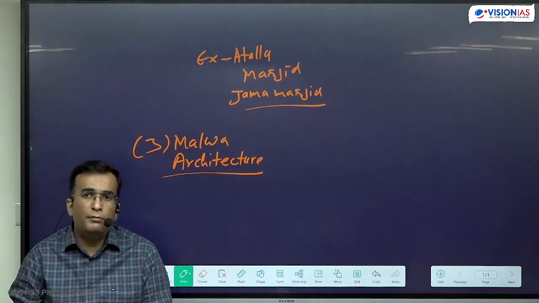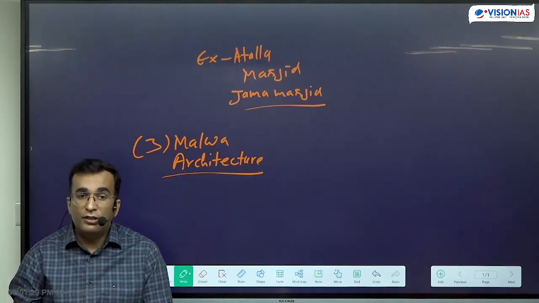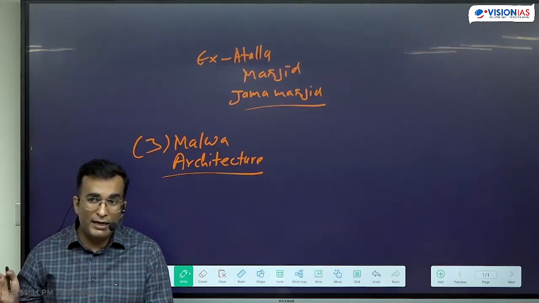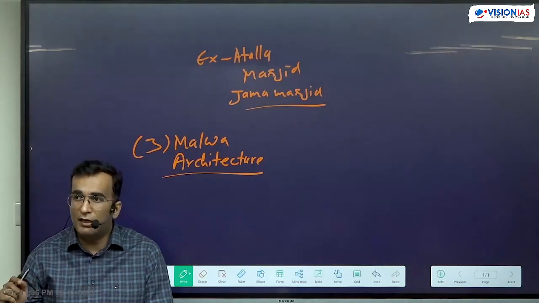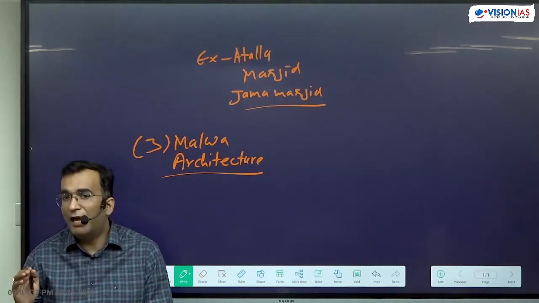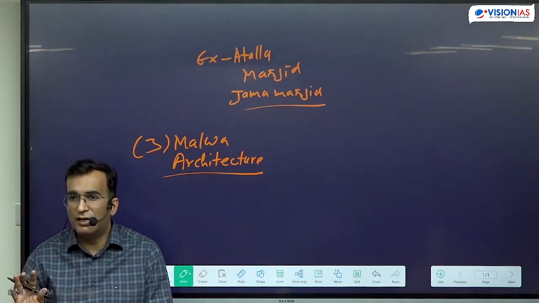Another problem in the medieval architecture of that time was that the staircases were not very well proportioned, and in Malwa architecture, staircases were highly well proportioned. So what do we mean by well proportioned staircases?